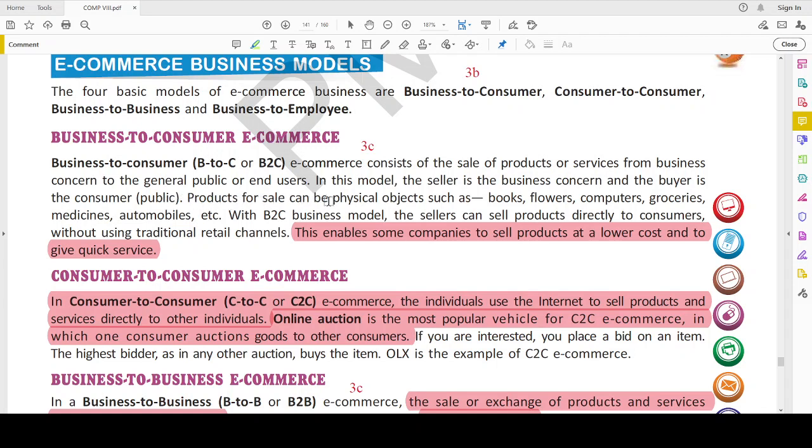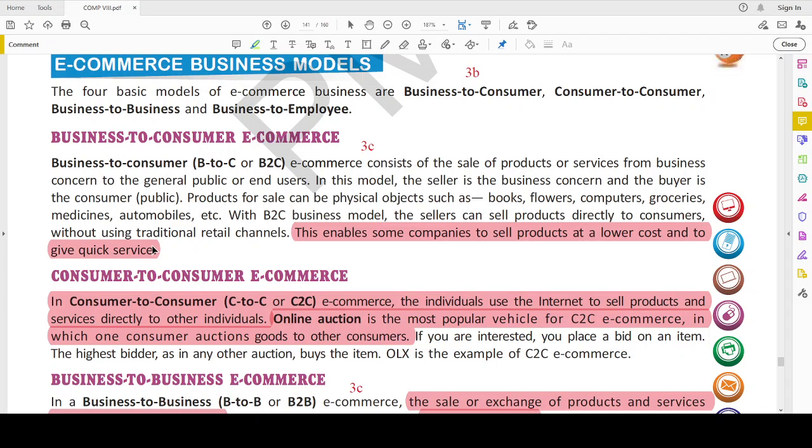Products for sale can be physical objects like books, flowers, computers, groceries, medicines, automobiles. With the B2C business model, the sellers can sell products directly to the consumers without using traditional retail channels, which enables some companies to sell products at lower cost and to give quick service.